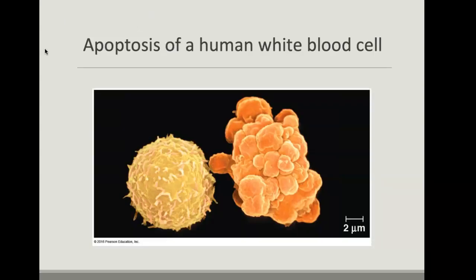Sometimes cells other than embryonic cells need to be programmed to die. An example being shown to you is a human white blood cell. Most likely it's been infected or damaged beyond repair, so it needs to be sent to death. On the left is the white blood cell, and on the right is the same or a different white blood cell undergoing apoptosis.